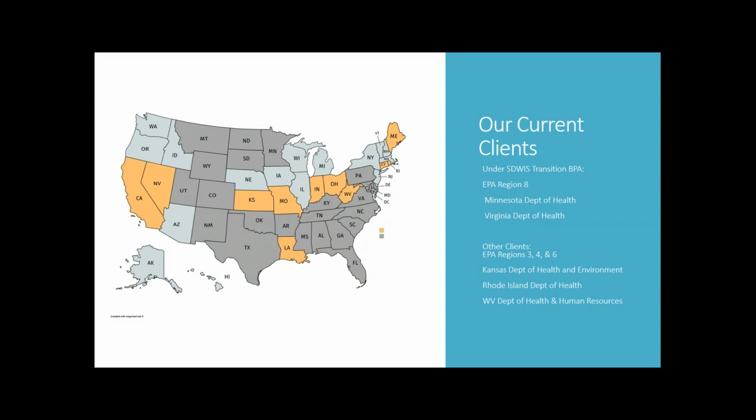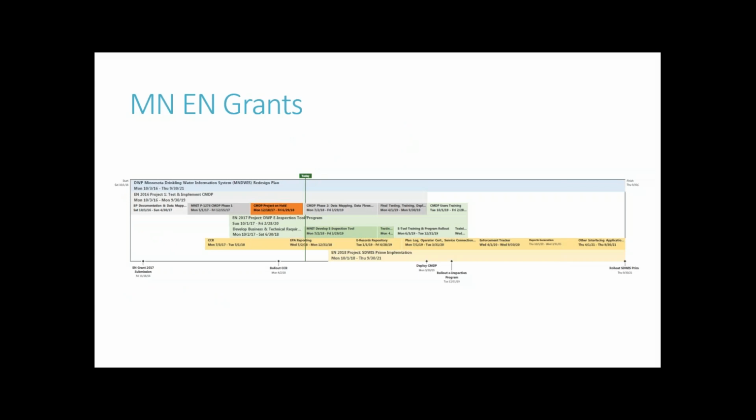GEC provides direct CIDWIS support for a number of states, including Nevada, Kansas, Missouri, Louisiana, West Virginia, Rhode Island, and Maine, as well as software services for about 4 states, including California, Ohio, and Indiana. Leanne's going to speak a little bit about her experience with the EN grants and the project.